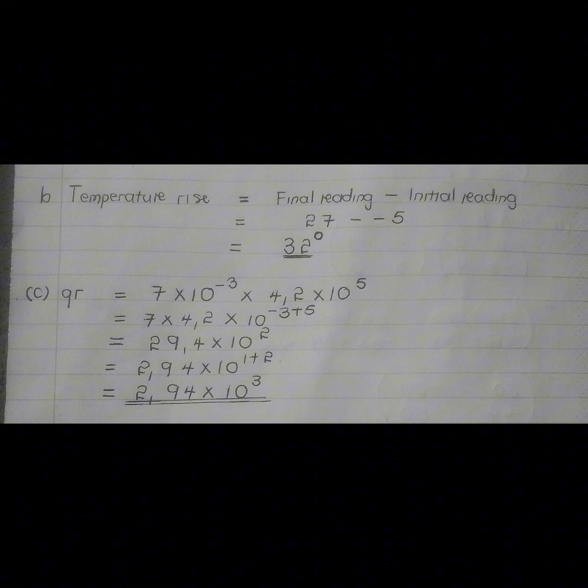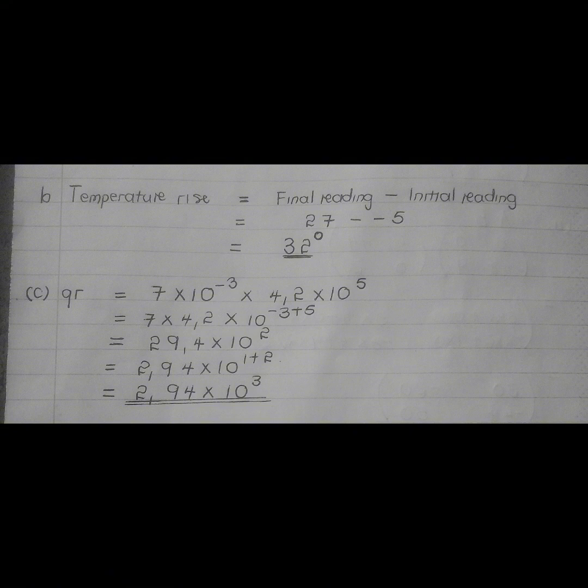So 4.2 times 7, and then we apply the multiplication law of indices. If we are multiplying, we add the powers. So we say 7 times 4.2 times 10 to the power of minus 3 plus 5, right? And then we are going to get 29.4 times 10 to the power of 2.